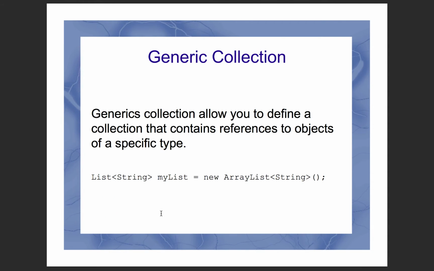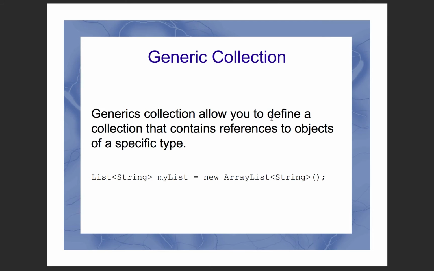Now we have seen that whenever we create an array list, we can specify string, so that these lists always keep string values. Sometimes we can leave it blank. That means if we don't specify string or any type over there, then it can be non-generic. So what is generic?